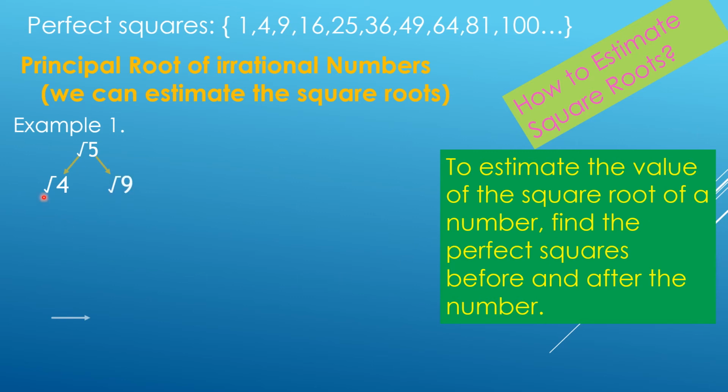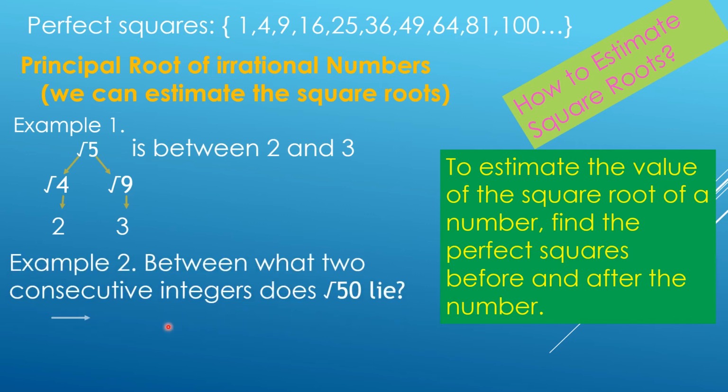And what is square root of 4? The square root of 4 is 2 and the square root of 9 is 3. Which means that square root of 5 is between 2 and 3. Okay? That's what we're going to do. We are just going to estimate the square roots.